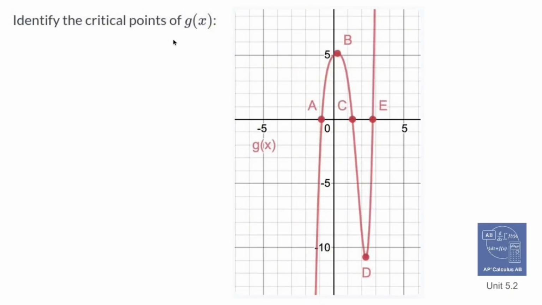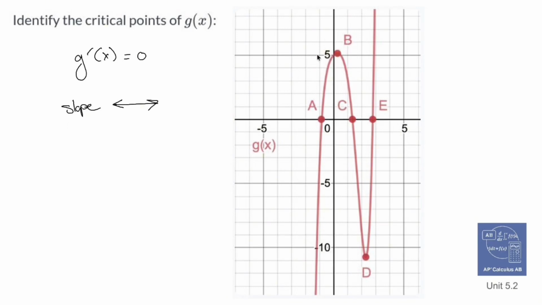Identify the critical points of g of x. Well, critical points of a function exist when the derivative is equal to 0. Now, derivative equal to 0 is just fancy talk for saying that the slope is horizontal. So at any point where we have an instantaneous rate of change that is a flat line, we're going to have a critical point.